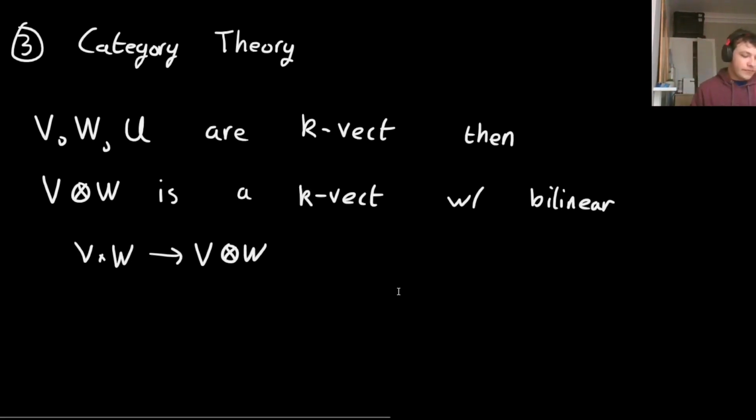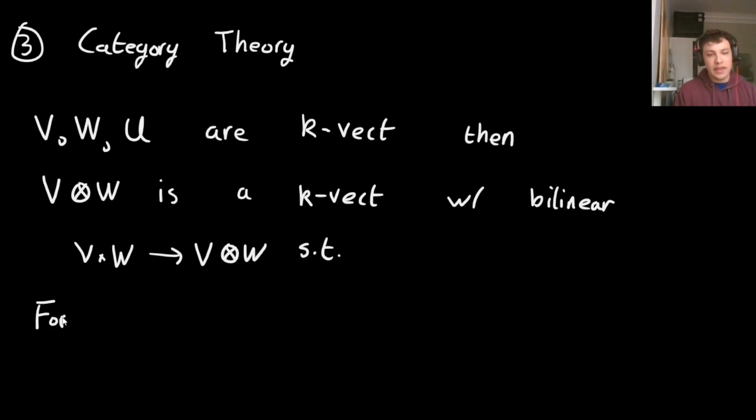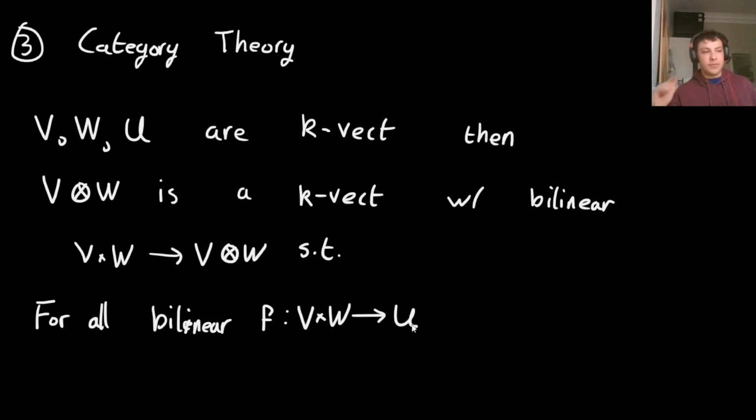It's pretty boring. Such that this is what's called a universal property: for all bilinear maps f from V times W into U. So any vector space map from V times W into U, which is linear in both arguments, there exists a unique map f star from V tensor W into U. We're going to call this I, by the way, like the insertion, inclusion.